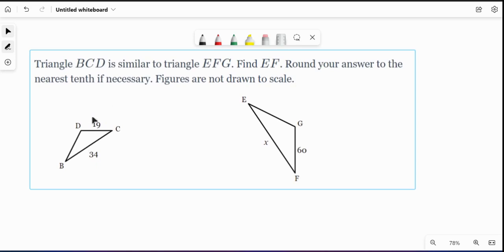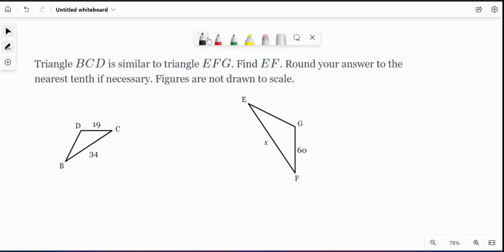It looks like this rotates over here. So DB is corresponding to EG, and BC looks like it's corresponding to EF.